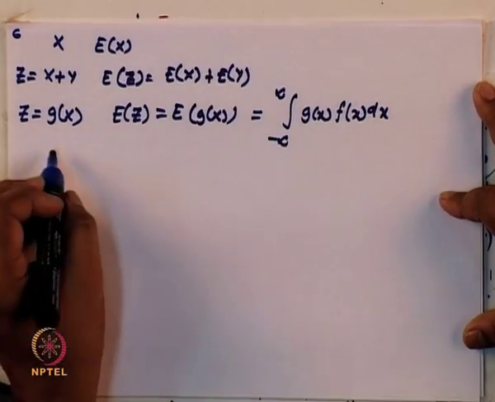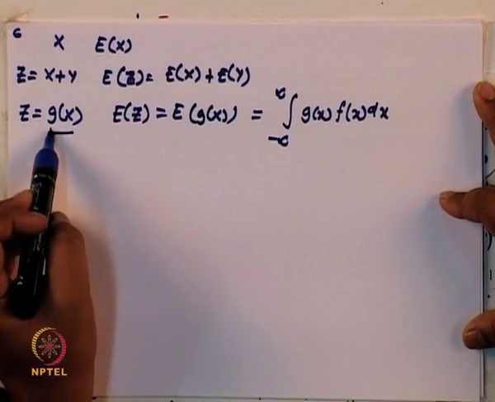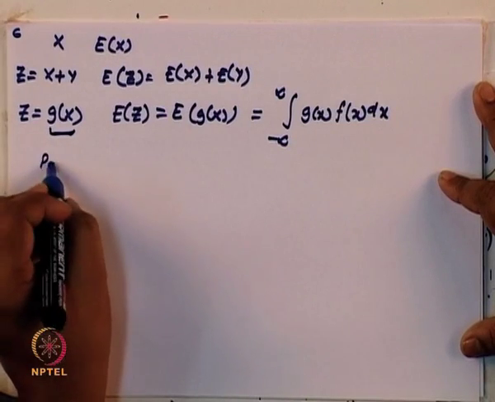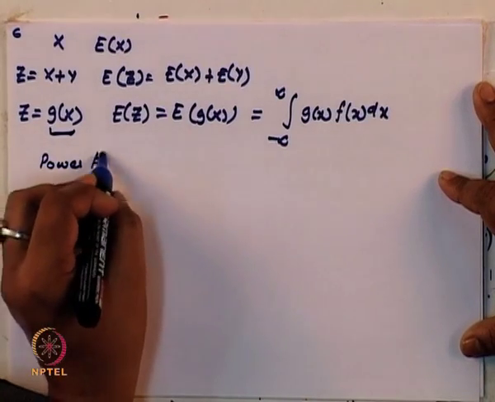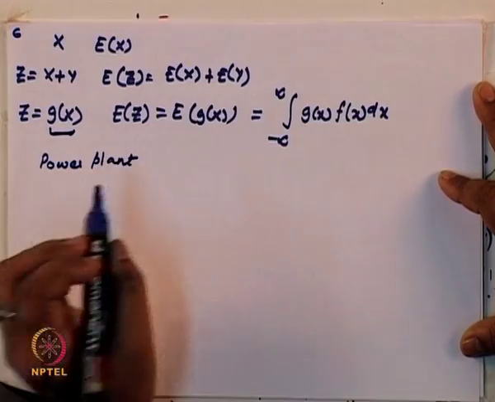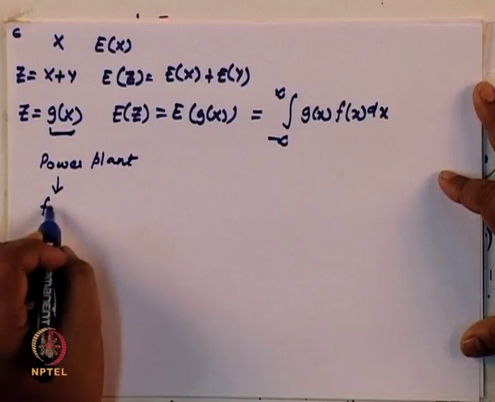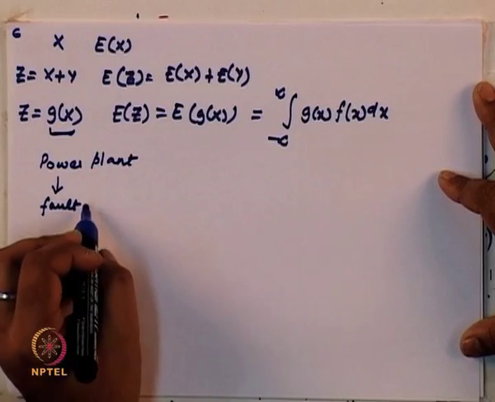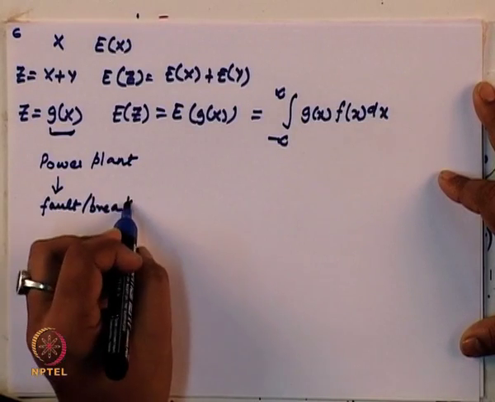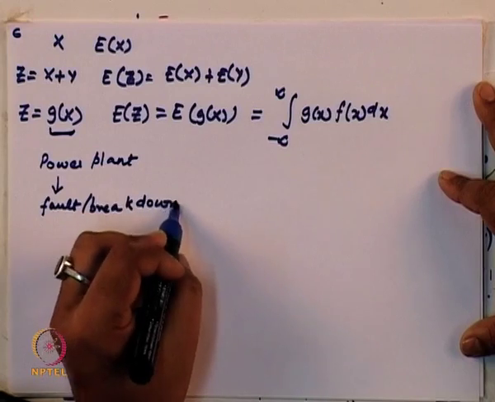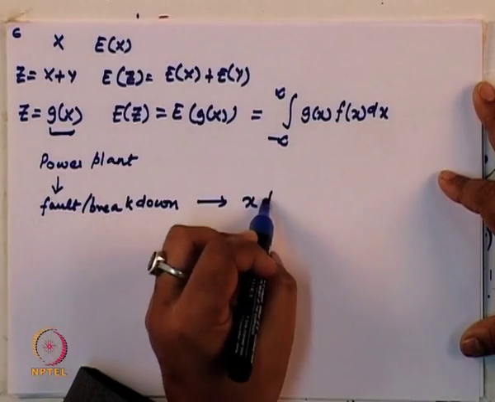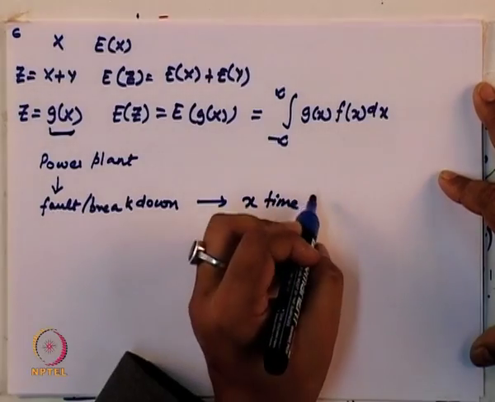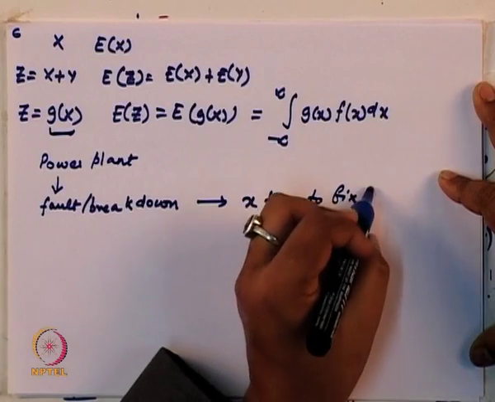Okay. So, let us take one simple example of how you can calculate expectation of a function. Let us say in a power plant, when there is a fault or breakdown, it takes X amount of time to fix the fault.